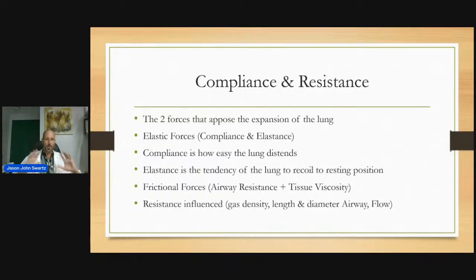So compliance is how easily the lung expands, and elastance is the recoil of the organ, the lung, back to its resting position, how it wants to snap back. So high elastance will cause issues, low compliance. They're kind of a reciprocal of each other.